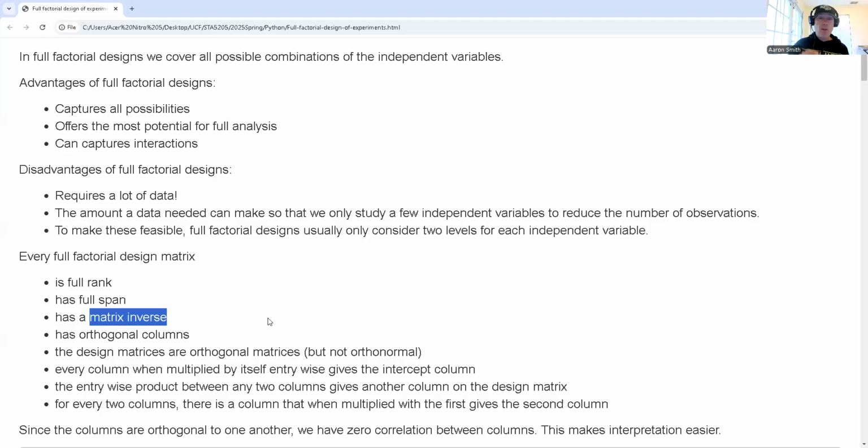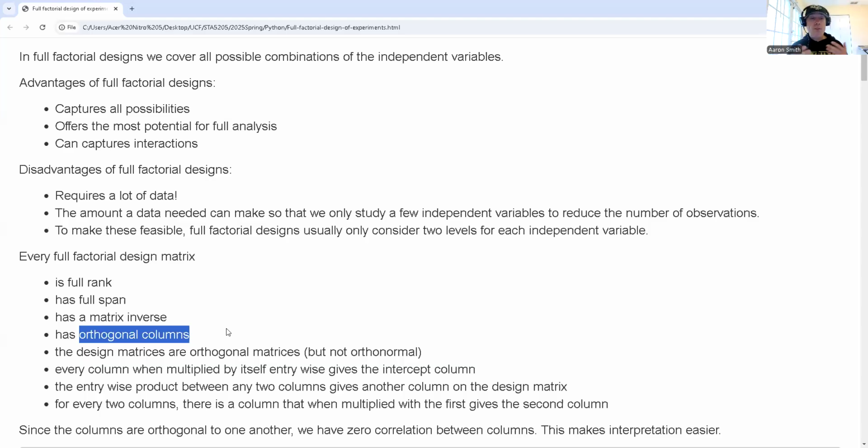Now, to set this up, I'm going to include the intercept as all ones in my design matrix, by the way. We're going to have orthogonal columns. So if I take the dot product between any 2 columns, I'm going to end up getting 0. That is going to give us more informative value.